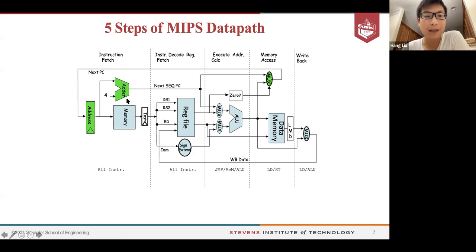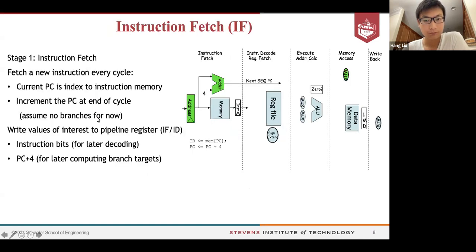So taking all of them together, you have instruction fetch. It fetches a new instruction every cycle. The current PC is the index or address to the instruction memory. We increment the PC at the end of the cycle. We'll assume there's no branch for right now.